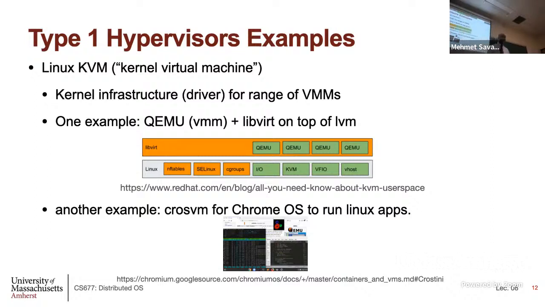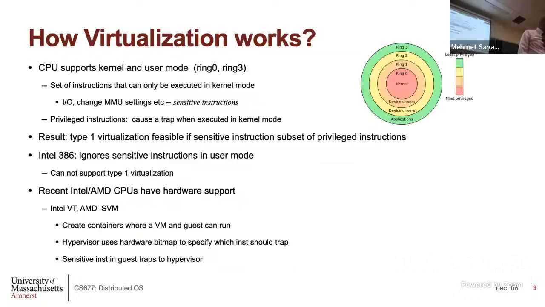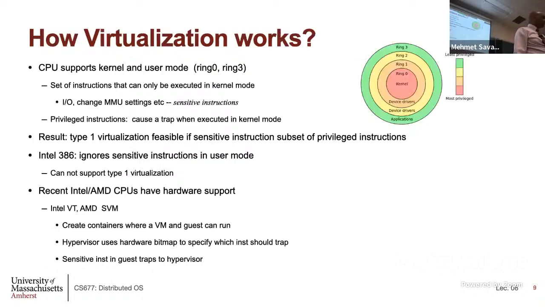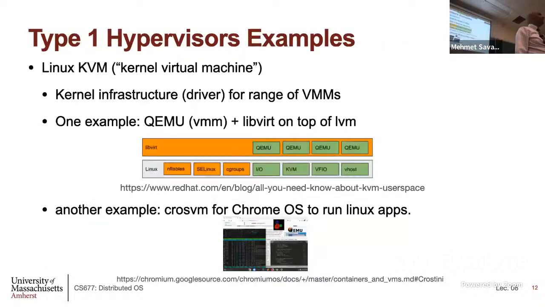Okay? So if you go back to the picture I showed you, okay? So you have your host OS. Type 2 is running on top. There's no support that the OS has to provide for virtualization in this case. It's actually the type 2 hypervisor is an application that's running. Okay? And then you run VMs on top of it. So this is more like a hybrid of the two. Okay, but it's a good question.